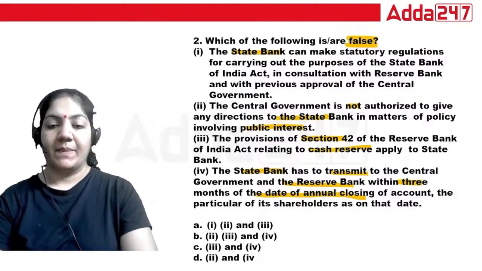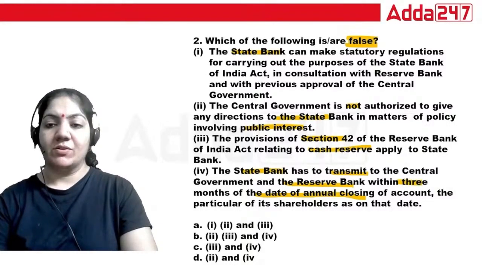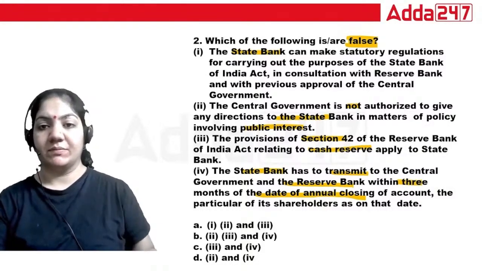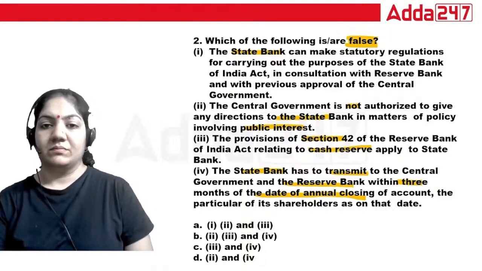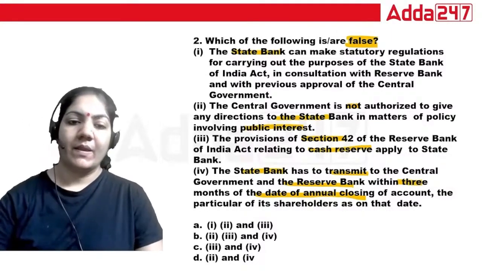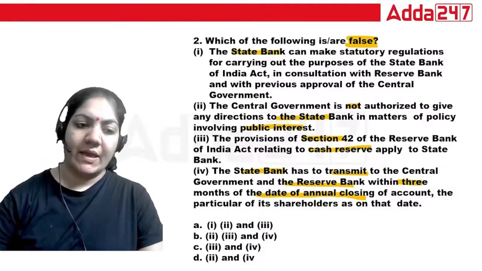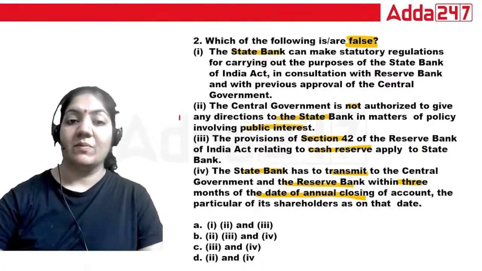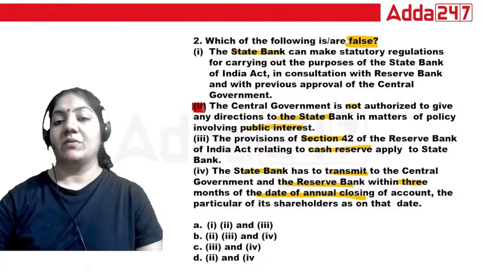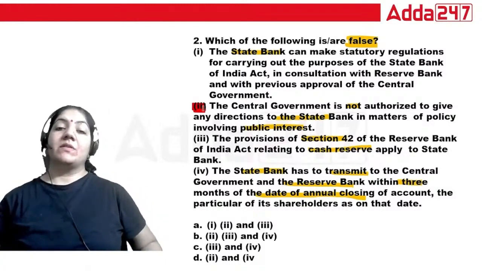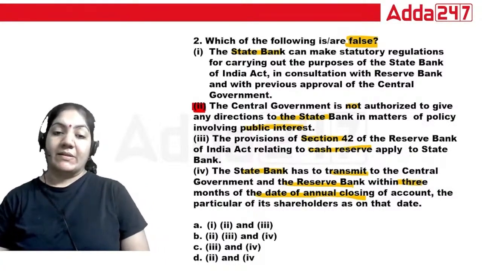Yes, class. For the second one, which of the following is the right one? The second is absolutely right, because the central government has no authority to give any direction. That will not interfere in the matter of the bank. The second is right.